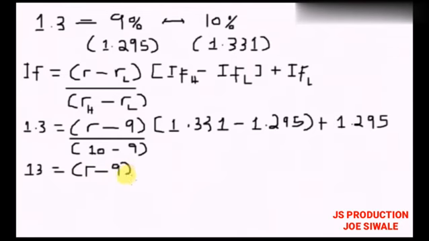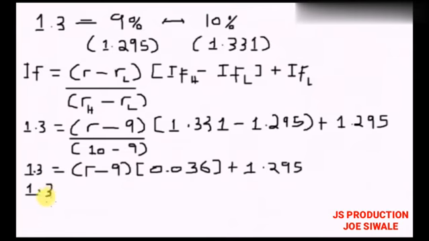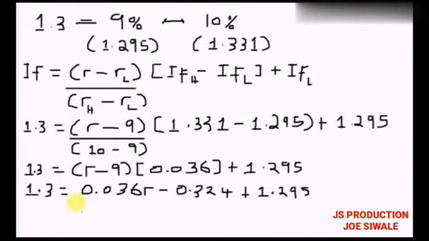I'm going to start with the brackets. 1.331 minus 1.295, that's 0.036, plus 1.295. 10 minus 9, that's 1. So I'll say 1.3 is equal to, opening up the brackets, 0.036R when I multiply with R, then minus 0.324 when I multiply that number with 9, plus 1.295.